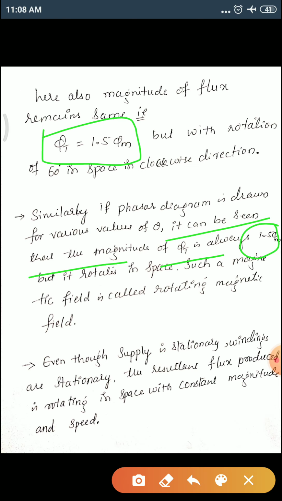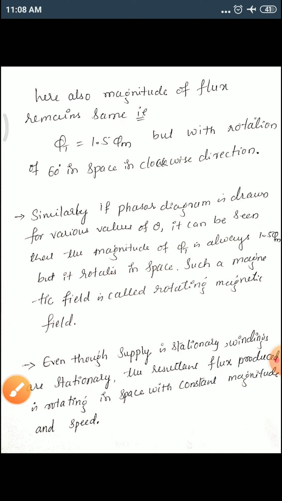Such a magnetic field is called a rotating magnetic field, even though there are no rotating parts. Even though the supply is stationary and the windings are stationary, the resultant flux produced is rotating in space with constant magnitude and speed. This is your rotating magnetic field. I hope it is clear to you.